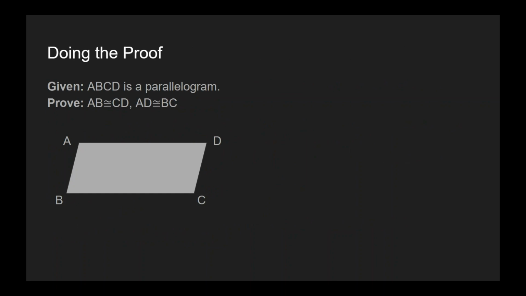In order to actually do this proof, you might be thinking, hey, wait a minute, I was told we were going to be doing triangles, and I don't see any triangles there. We can make a triangle or two for ourselves by drawing a diagonal through this shape. So we're going to draw a diagonal so that we have some triangles to work with so that we can do a CPCTC proof. We're going to make a flowchart proof.